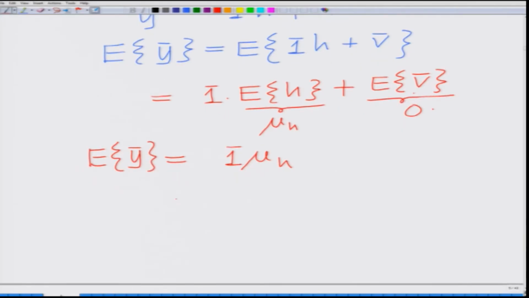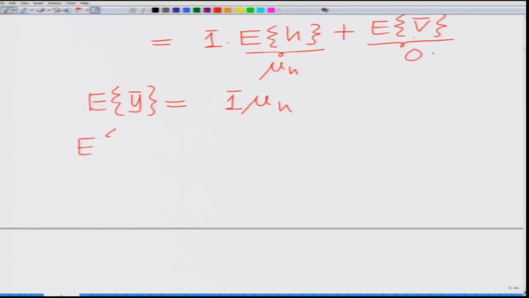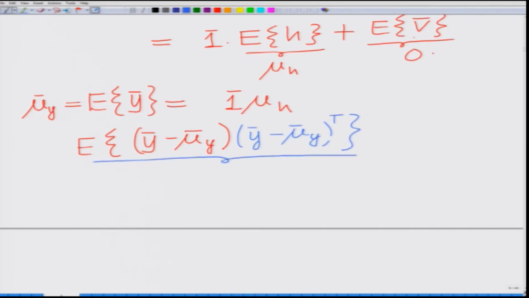Now, we want to find R y y, remember, because that is another quantity we need in the MMSE estimation, that is the expected value of y bar minus mu bar y times y bar minus mu bar y transpose.